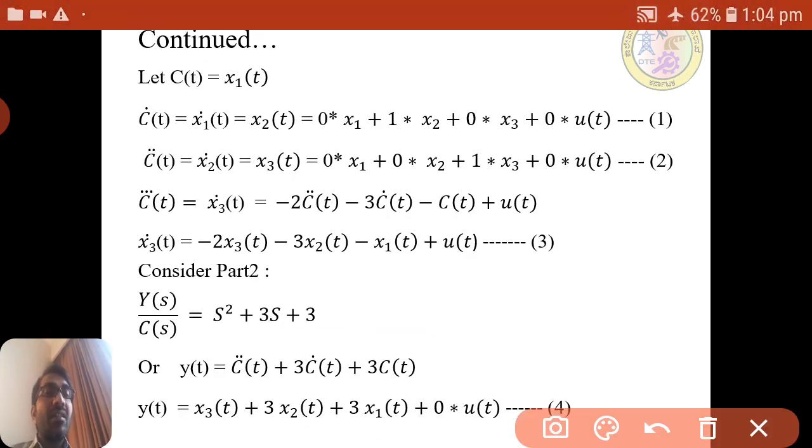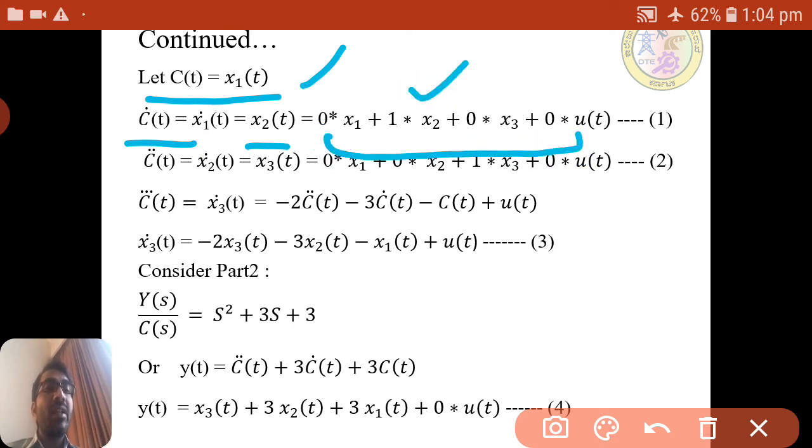After getting the phase variables, for the first part we can write three equations. Let us again consider c of t is equal to x1 of t, and the first derivative x1 dot of t is x2 of t; the x2 term will be 1, all others will be 0.